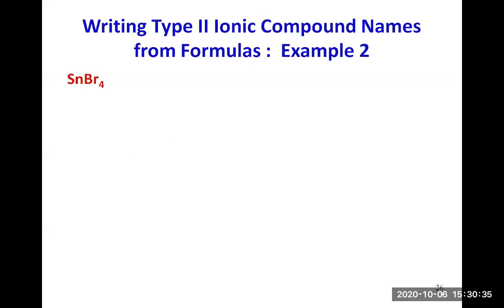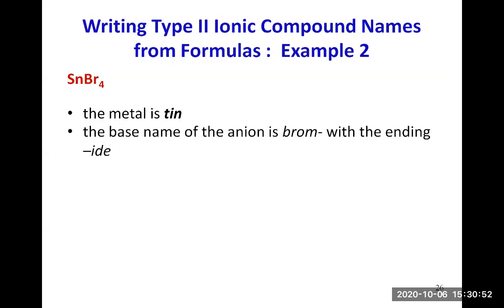Let's look at a second example, SnBr4. So the metal is tin, Sn is tin. It's again a variable charge metal from group 4A. Br is bromine, and so for bromine, you take the root of the name brom and change the ending to "ide", so it's going to be the bromide anion.